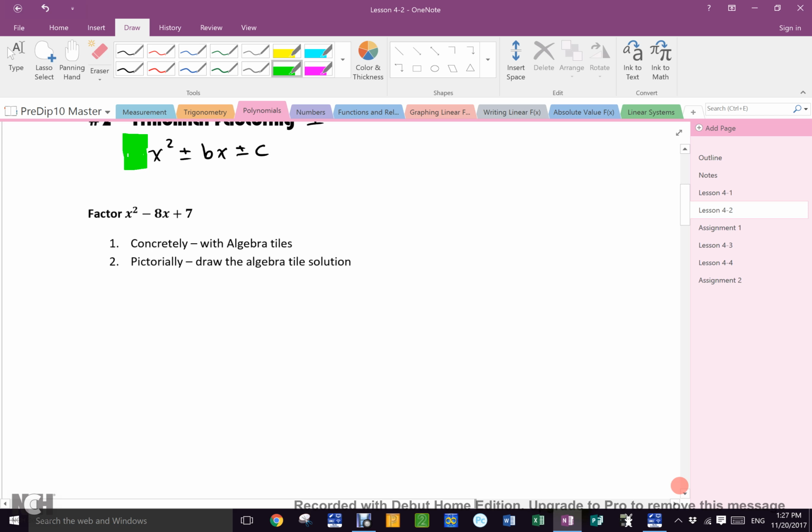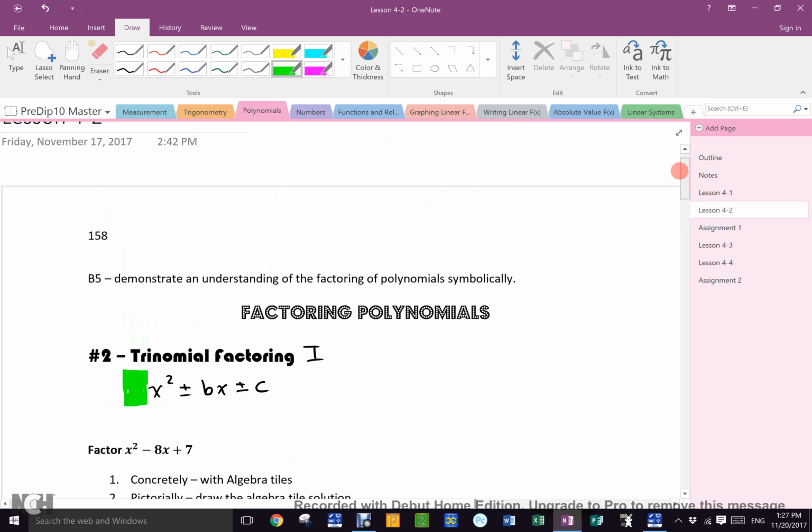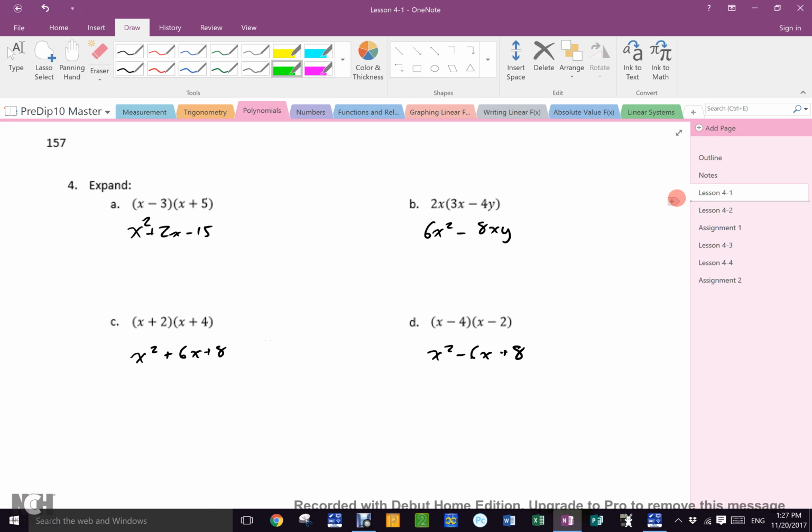So, you guys are smart people. On the page before, you should have noticed that two binomials gave me the thing I'm looking at. Yes? Right.